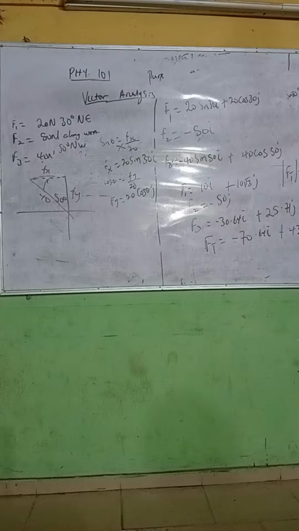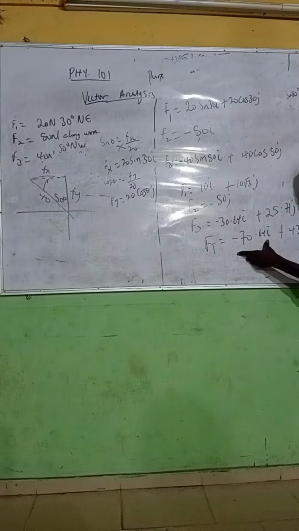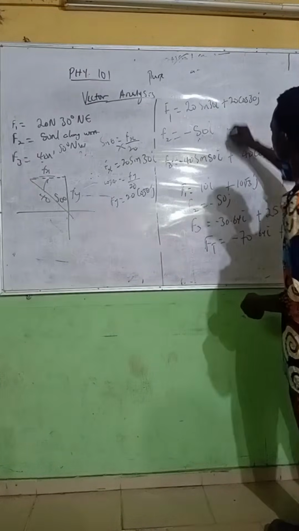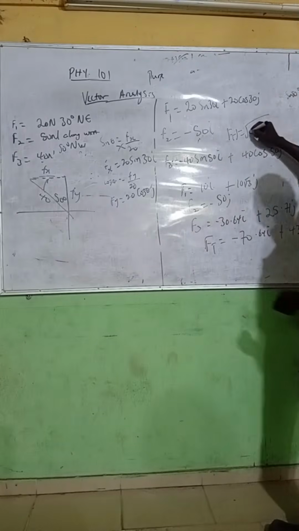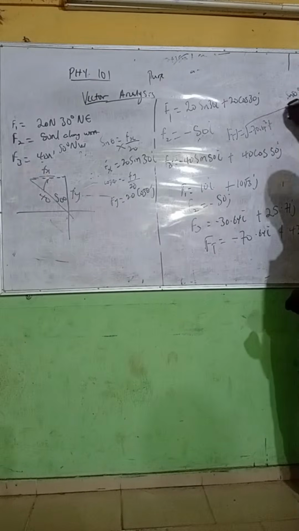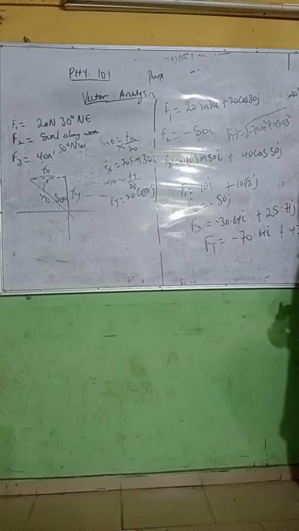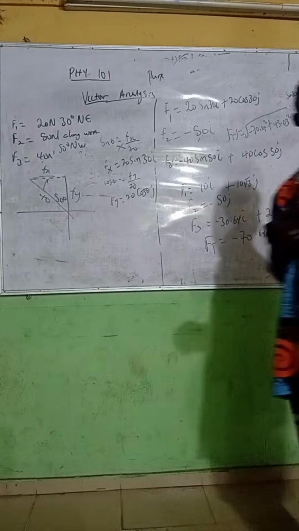Let's find our F magnitude. Our F total is minus 70.64 i plus 43.03 j. So the magnitude is the square root of minus 70.64 squared plus 43.03 squared.